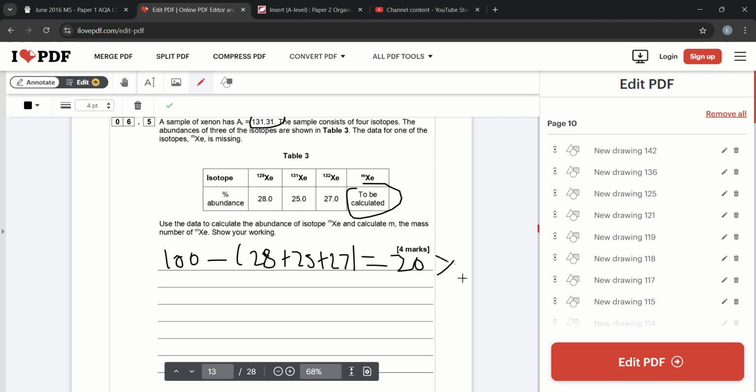So I can say that MXe equals 20%. Now, what does it want me to do? Calculate the mass number of MXe. How would I do that?